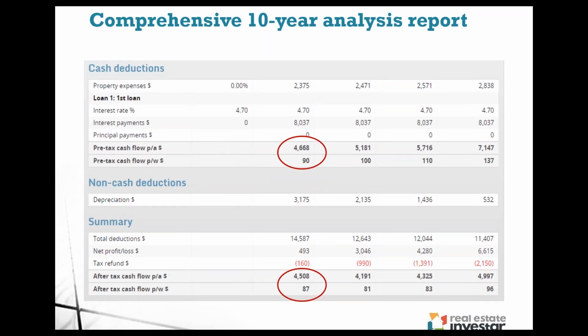You can see too, because this is an older house, the depreciation doesn't have a lot of influence. If this was a much newer house, the depreciation can make substantial differences as far as the difference between pre-tax and after-tax cash flow. But as we can see here, we're looking at a property that's not costing us a lot as far as getting into the market, at around $210,000.